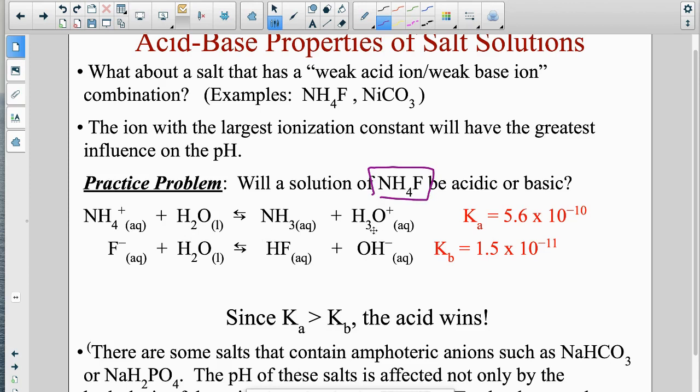Both of these can produce H3O+ and OH-. So here we need to compare these two equilibrium constants. The equilibrium constant that is greater is going to determine whether the solution will be acidic or basic. We can see that Ka is larger than Kb, so a solution of ammonium fluoride will be acidic when we add it to pure water.